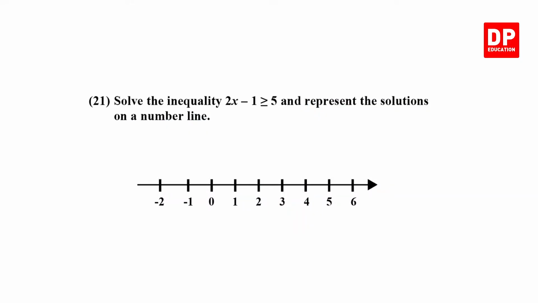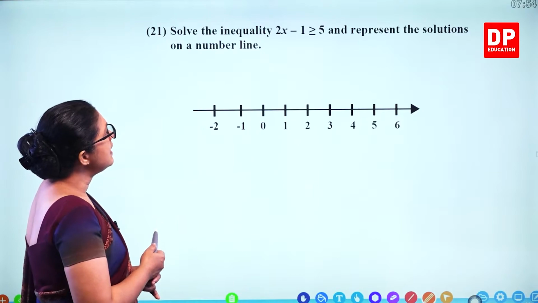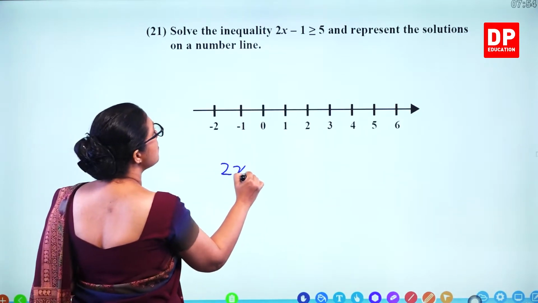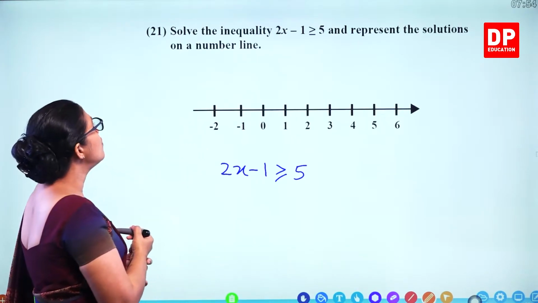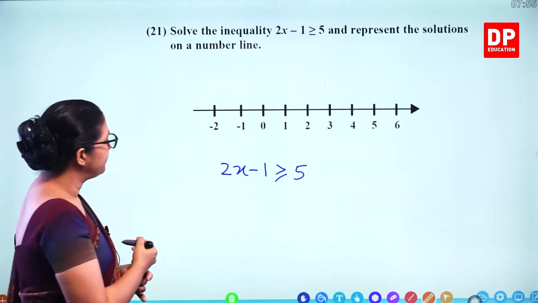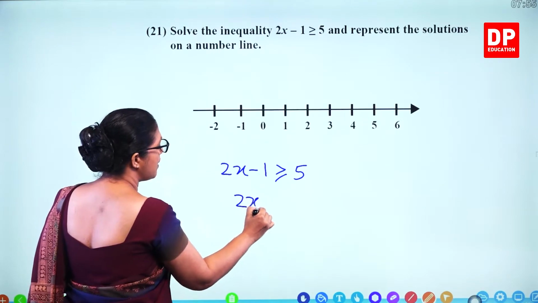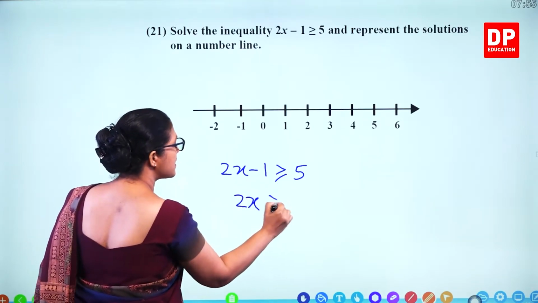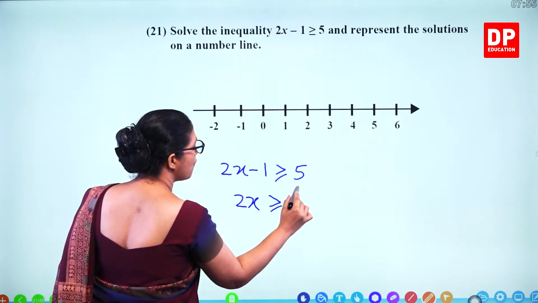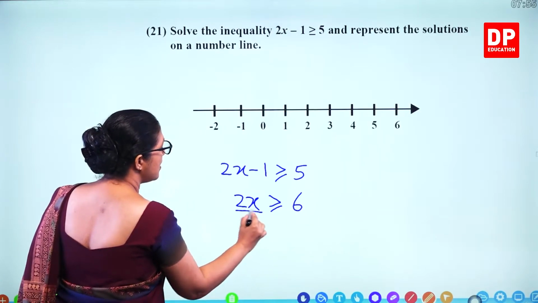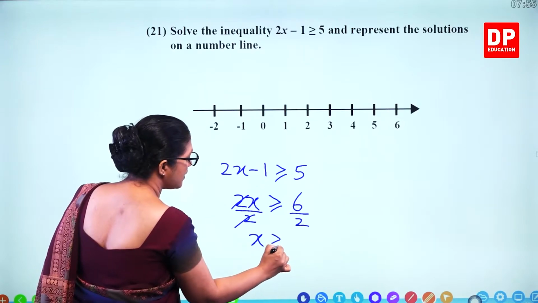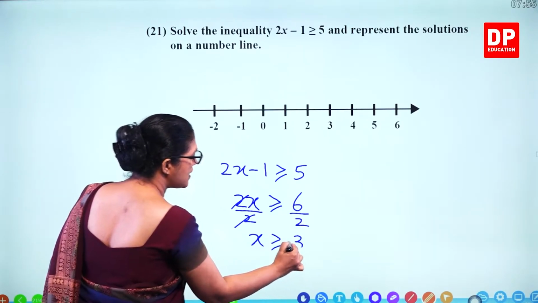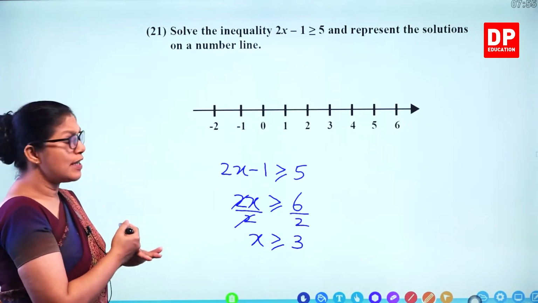Question number 21. Solve the inequality 2x minus 1 greater than or equal to 5 and represent the solutions on a number line. So 2x, when you take minus 1 to the other side, that becomes plus 1. 5 plus 1, 6. Divide both sides by 2. x greater than or equal to 6 divided by 2, which is 3. 3 is included.